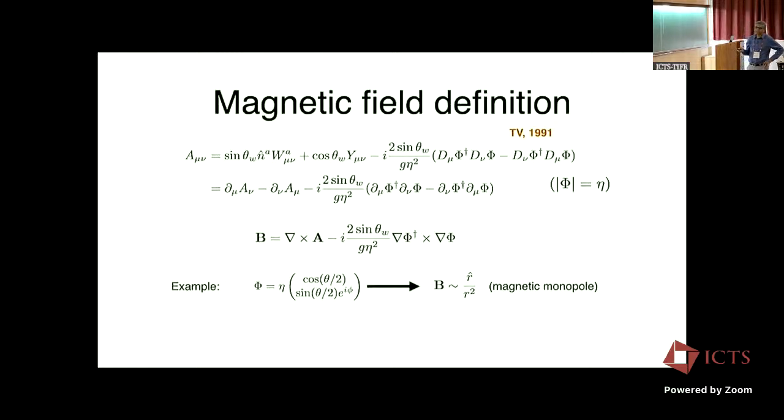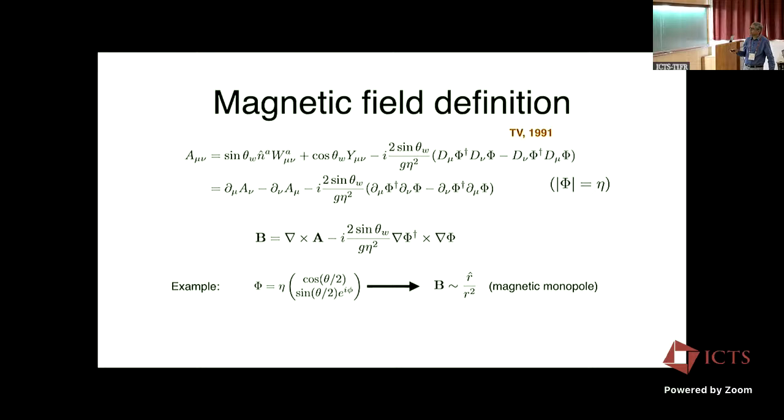Just as in the O3 case, you can't write A mu nu as d mu A nu minus d nu A mu. Instead, you have to have an extra term, d mu phi dagger d nu phi minus d nu phi dagger d mu phi.